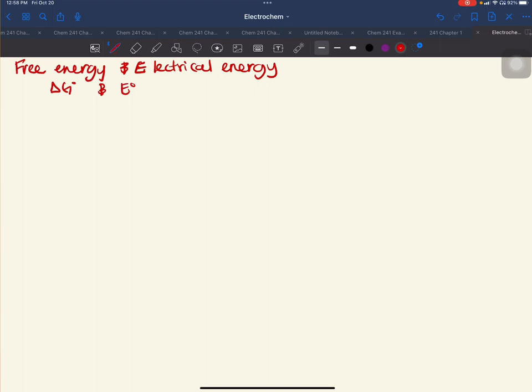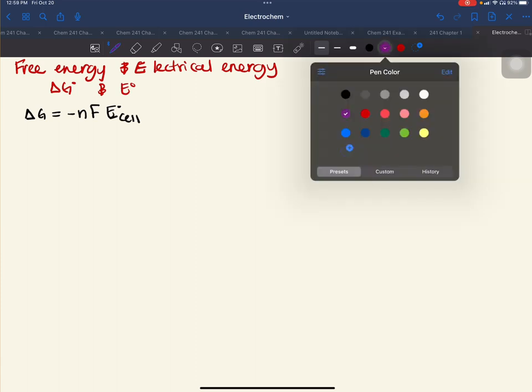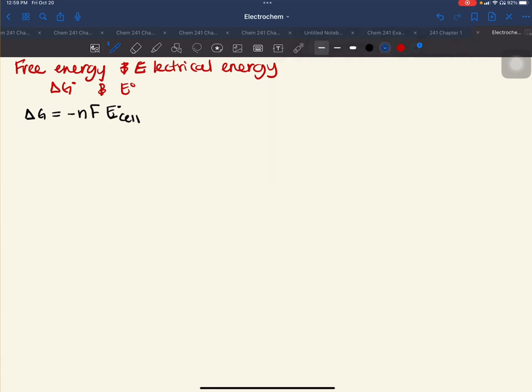So delta G is equal to negative NF E cell. So this is how we can relate those two equations. I will give you this equation, but you need to know how to use it. N is the number of moles of electrons, and those electrons are being transferred. So we just calculated that for our previous equation, N was equal to 2. F is Faraday's constant.